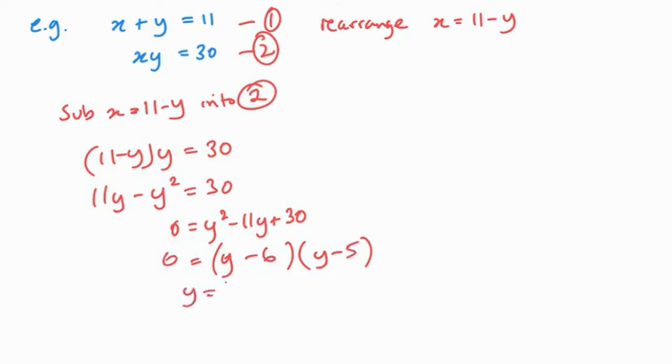So y equals 6 or y equals 5. So we've got 2 possible solutions. Now I'm going to substitute these back into the easiest equation, which 9 times out of 10 is the linear one. In this one it's pretty much both the same, it doesn't really matter.